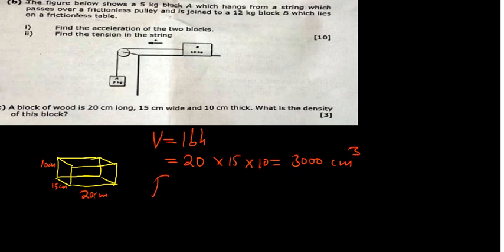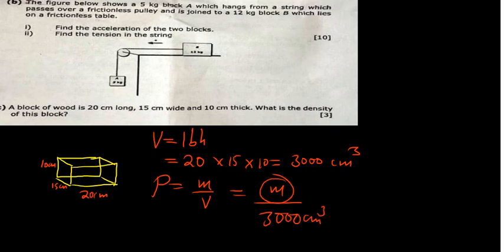Now density is given by mass over volume. We don't know the mass of this object, so that will just be mass divided by 3000 cubic centimeters. We can leave it like that, and we know mass in this case should be in grams.